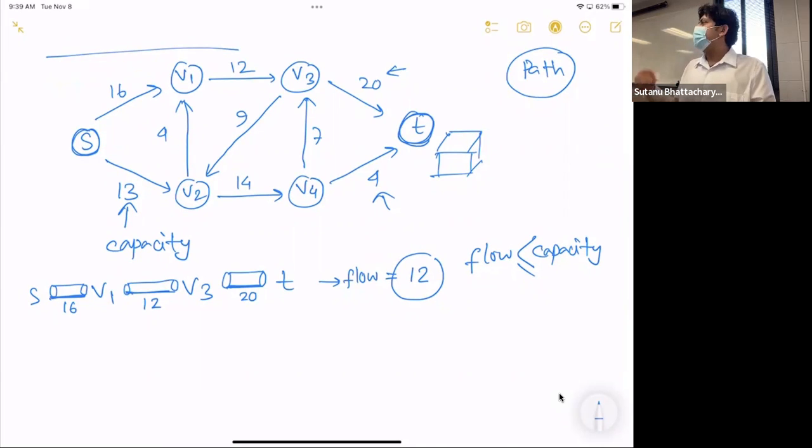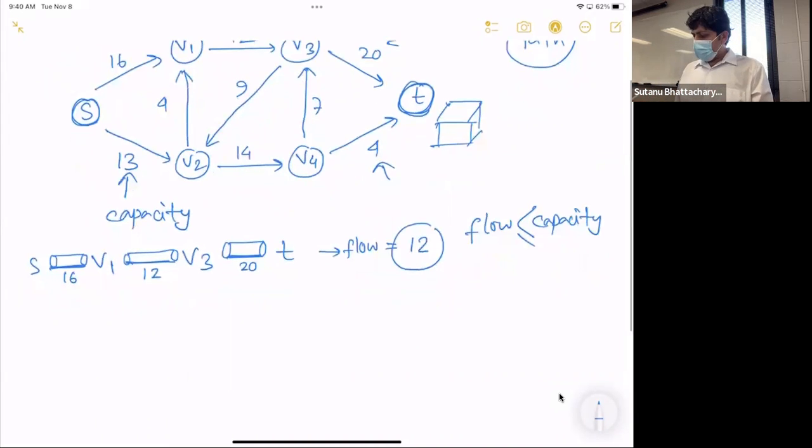We can also utilize other paths to supply liquid from the source to the target node, because the other paths are empty so far. We can use another path like S, V2, V4, T. That path is empty right now, so we can supply another amount of water through it at the same time.